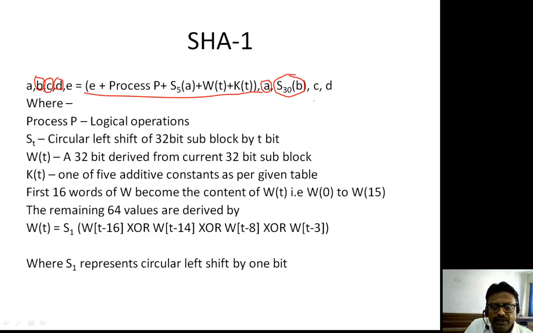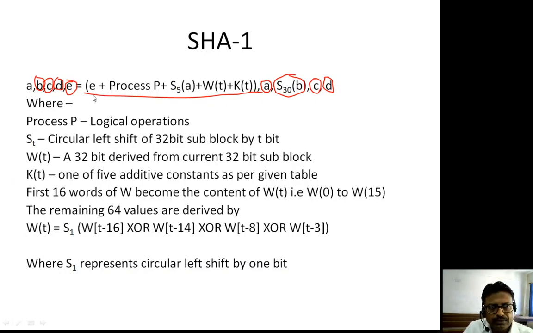The new value of D will be the old value of C. And the new value of E will be the previous value of D. So this is how it works.